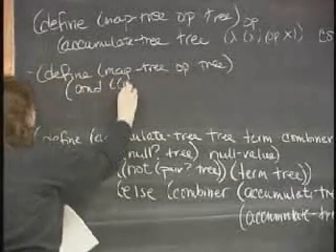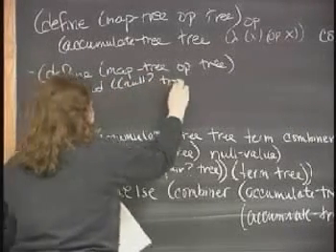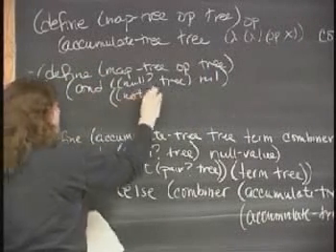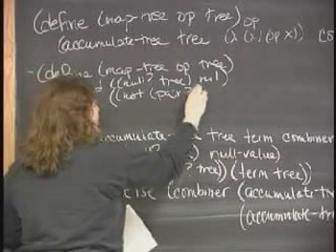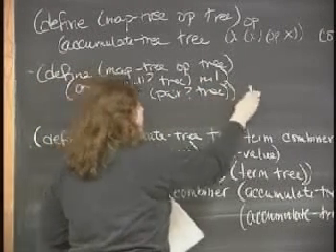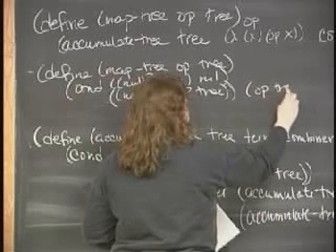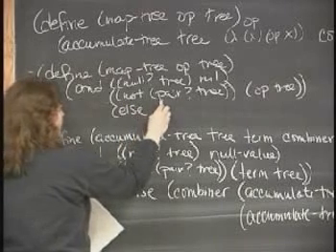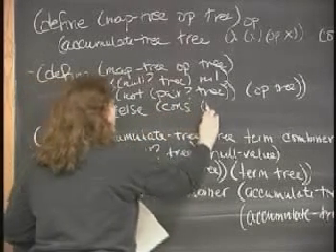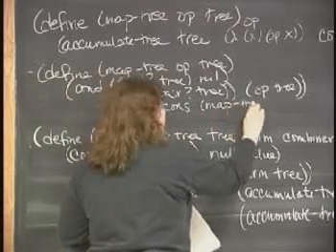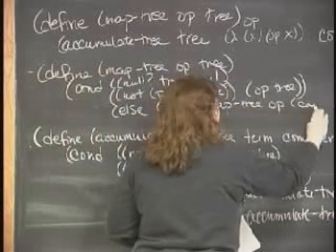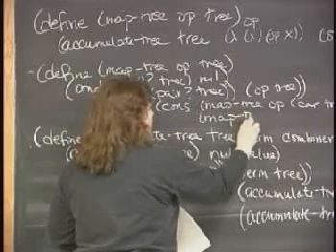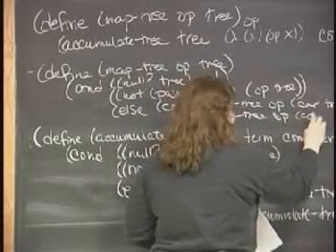We check if the tree is null, nil, not pair, tree, op tree, else, cons, map tree op car tree, to the map tree op cdr tree.